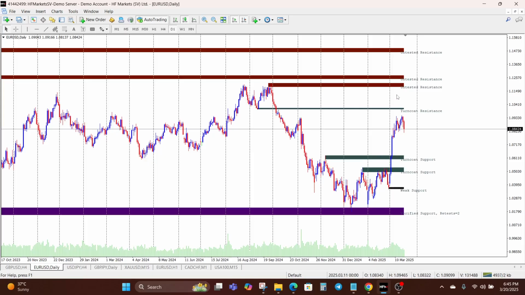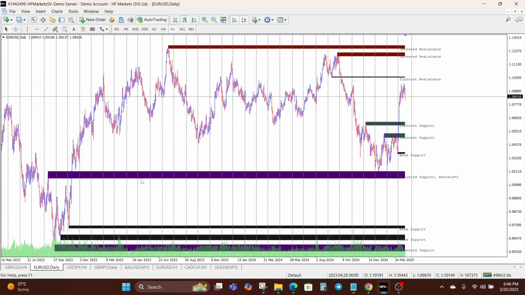Okay, so the indicator automatically adjusts the size of these zones based on price activity. If the price has reacted multiple times to a level, the zone will appear larger and more significant. Like what we can see happen here.